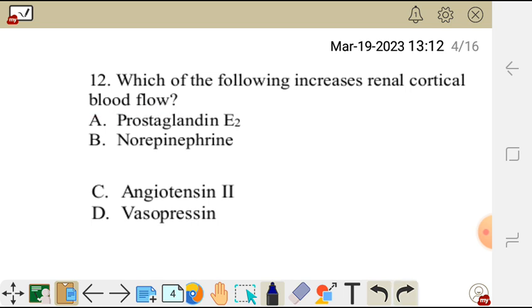But prostaglandin increases the renal cortical blood flow by dilating blood vessels. So the correct answer for question 12 is A.